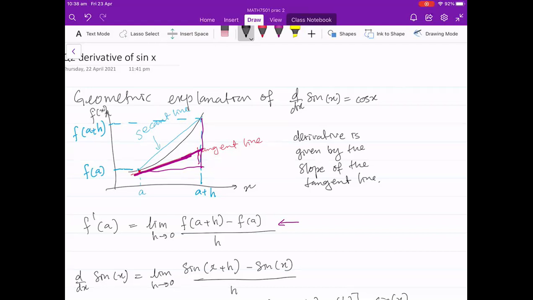I've given a hint saying you can use the trigonometric identity to write this down. Yep, Ashish says expand sine of x plus h and apply limits. Yes, that's exactly what you need to do.